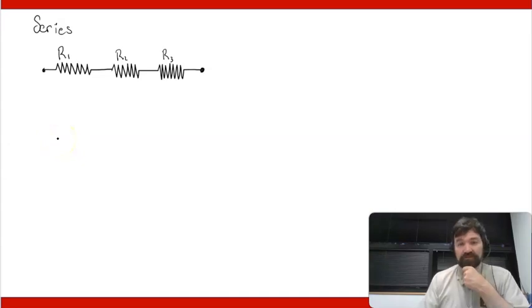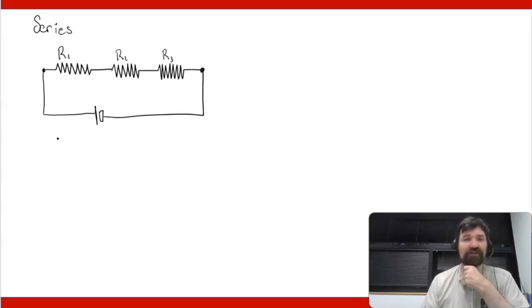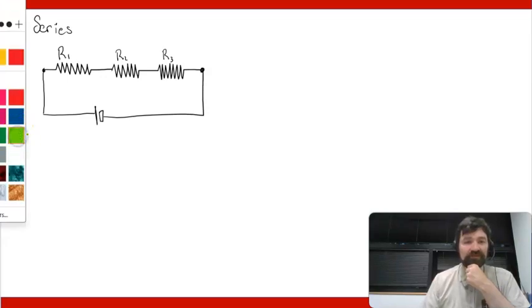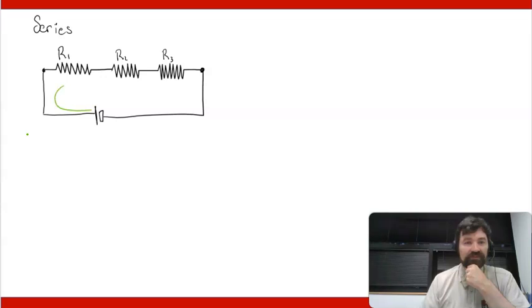We just put them end to end to end to end, and to solve, we say, well, what if we actually connected this combination up to a battery or some other sort of power supply so that we're going to have current allowed to flow through the system. So we'll draw the current maybe in green just for contrast. So the current basically is going to end up coming around the system like this.